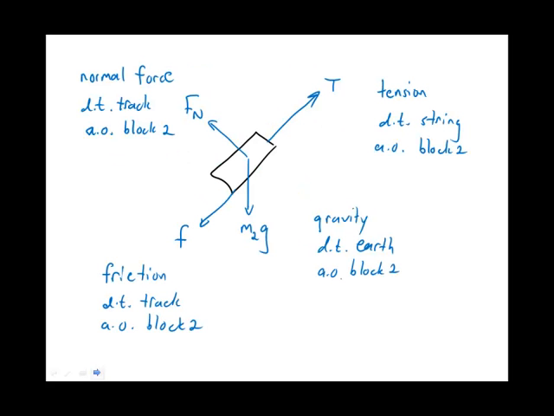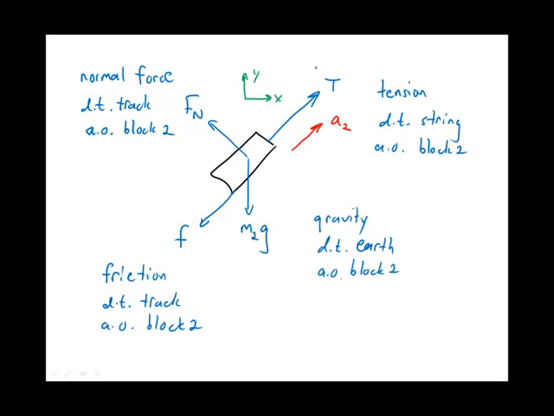But for block number 2, things get a little more complicated. The acceleration of block number 2 is going to be along the track. So there's acceleration a sub 2. And so this begs the question, what direction is my x and y axis? Now I can make x to the right and I can make y up, just like I did for block number 1. But if I do that, then I need to break the acceleration down into its x and y components.